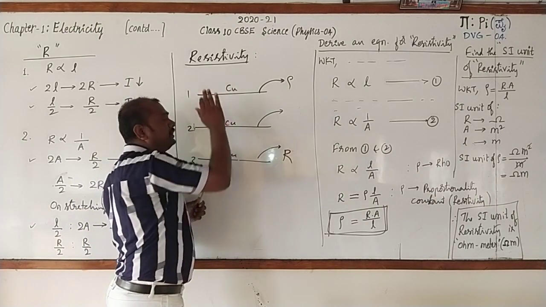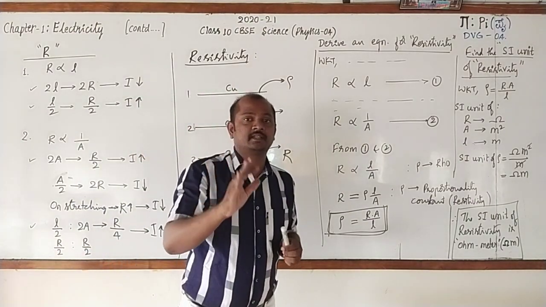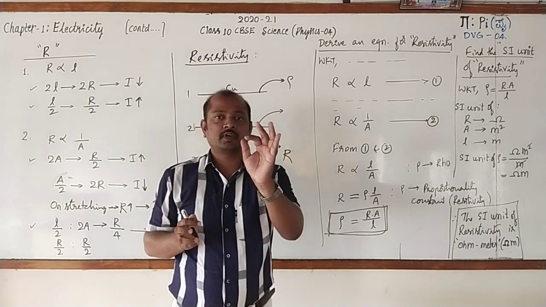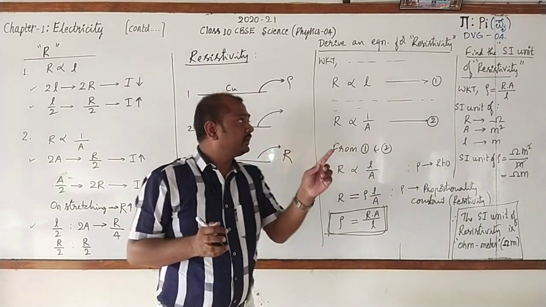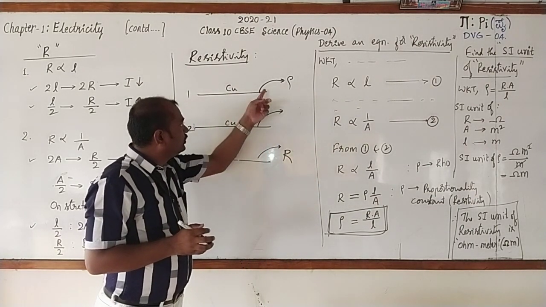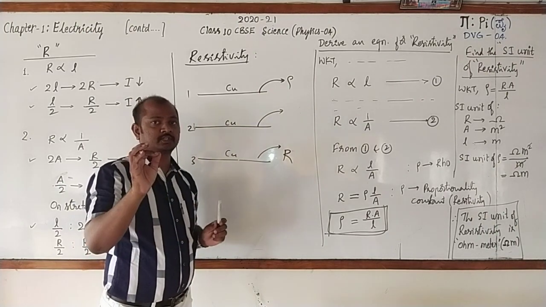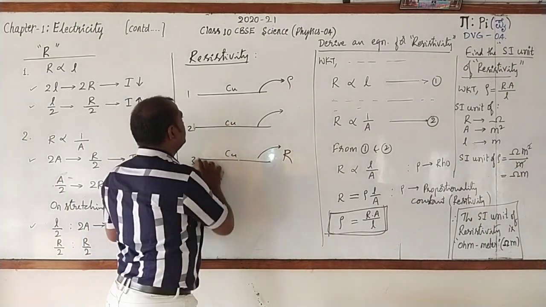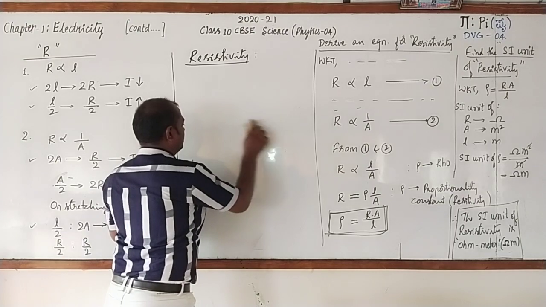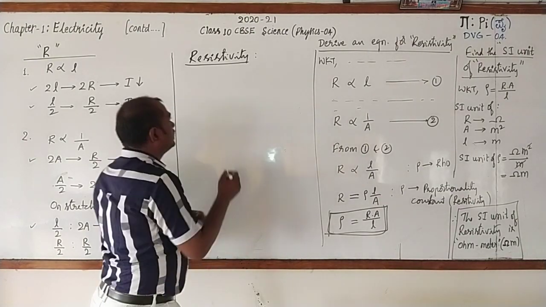Hence, we can define the resistivity as the resistance of a conductor of unit length and unit area of cross section. So this is the definition of resistivity. I will write it.